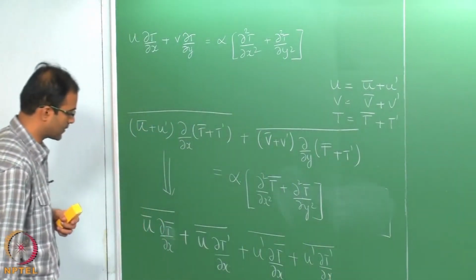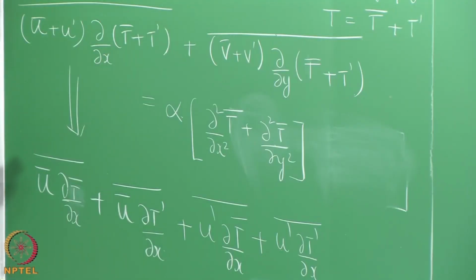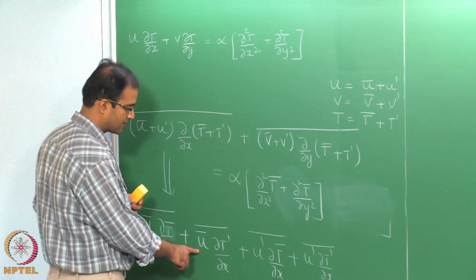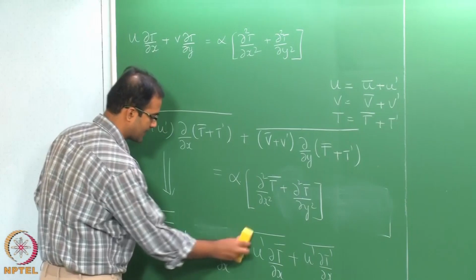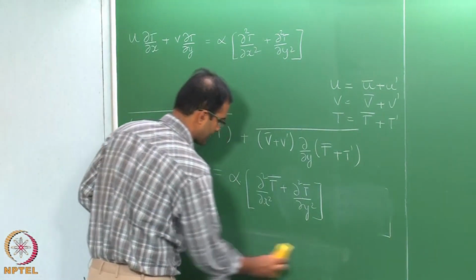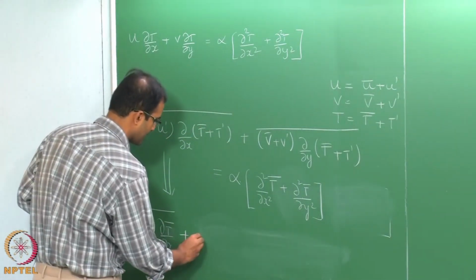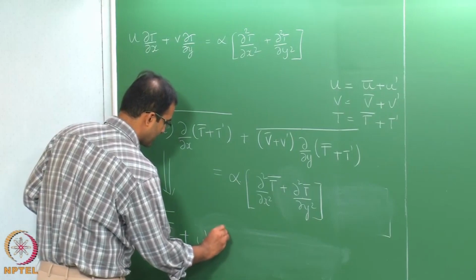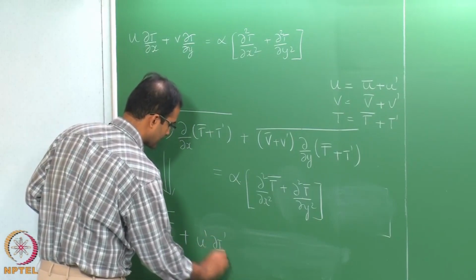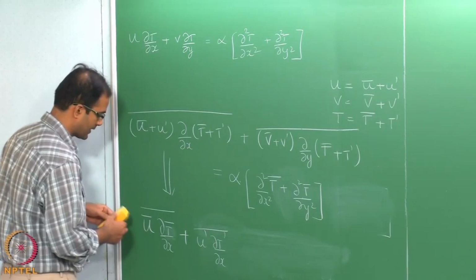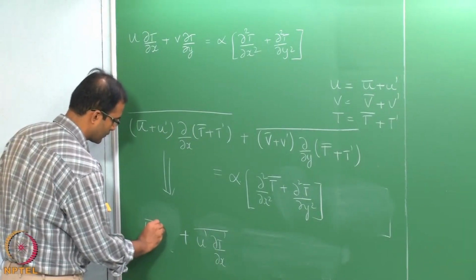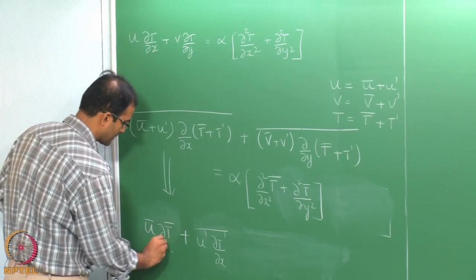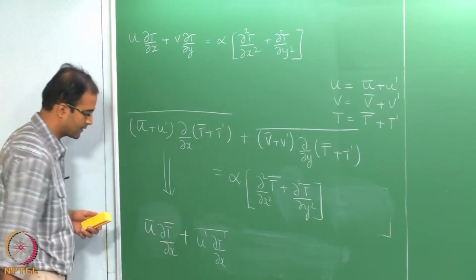If you apply the averaging rule, this will be 0 and this will be 0. Essentially from this you are left with u bar dT bar/dx plus u prime dT prime/dx average.